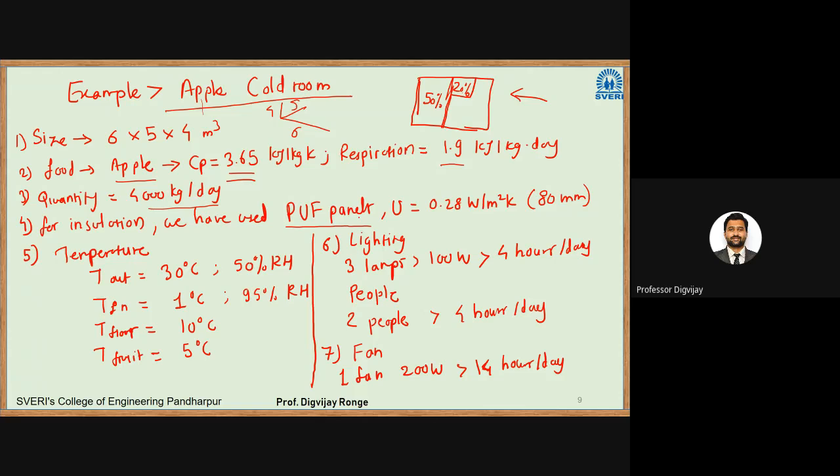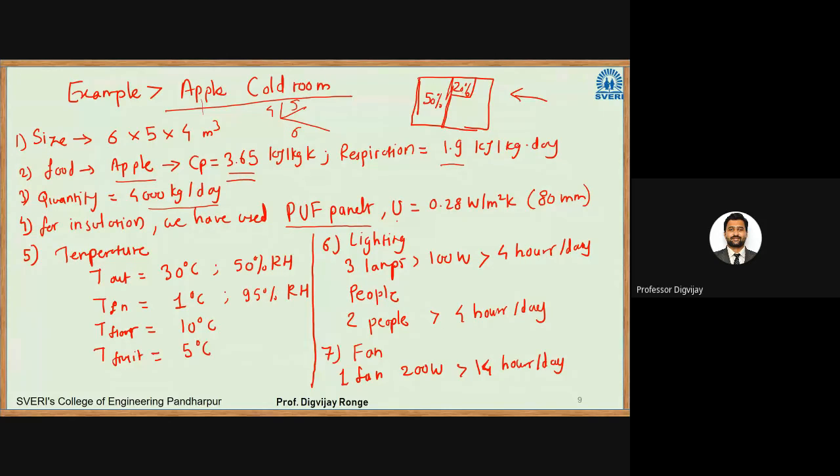All the walls were made of bricks and cement, and then the insulation material was applied from inside. But the new cold storage being built before Khardi, on the Pandharpur Sangola road, is completely made of puff panel. He has not used concrete and bricks. The whole cold storage building is constructed with puff panel, so the cost of cement and bricks is avoided.